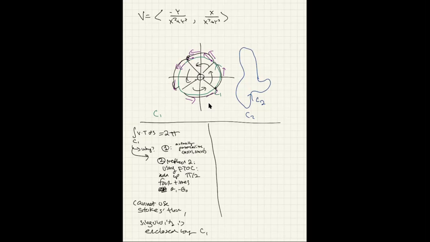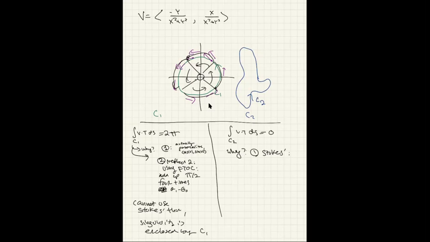Okay, so on the other hand, let's look at S2 or C2. So C2, you can see this in many different ways, that the single integral over C2 v dot t ds is going to be equal to 0. Okay, and so one reason why, you can use Stokes' theorem, because there is no singularity contained on the inside.